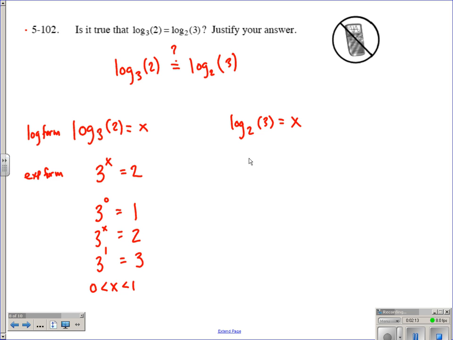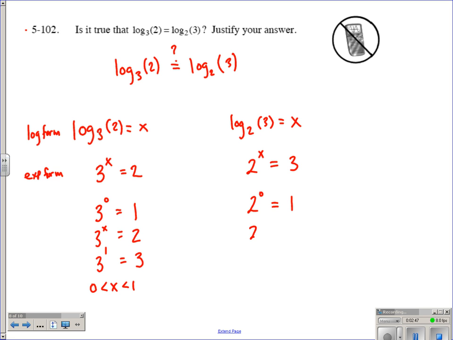So over here, let's do the same thing. Let's put this one into exponential form. We're going to say 2 to the power of x should equal 3. Well now, thinking about it in the same respect, I know that 2 to the power of 0 equals 1.